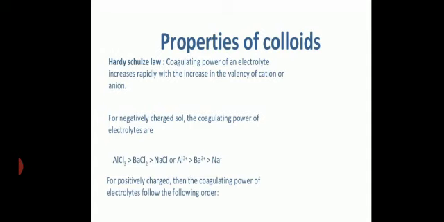So the Hardy-Schulze law tells us that the quantity of the electrolyte required to coagulate a definite amount of colloidal solution depends upon the valency of the coagulating ion. If you add aluminum chloride and barium chloride to coagulate, aluminum chloride will coagulate more than barium chloride because its valency is more.